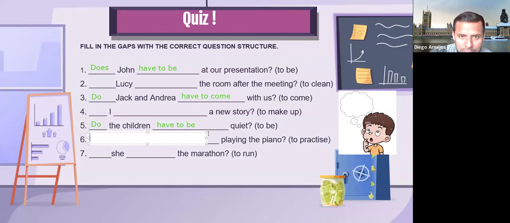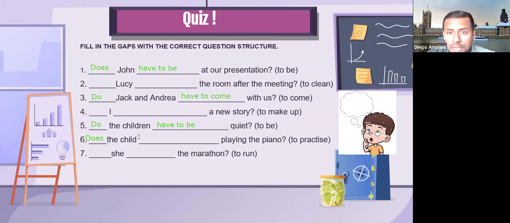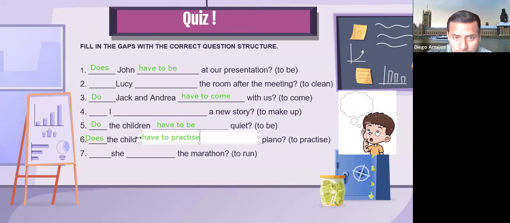And what about number six? It says the child. In this case, it's singular, okay? Thus, in this case, it's does. Does the child have to practice playing the piano?